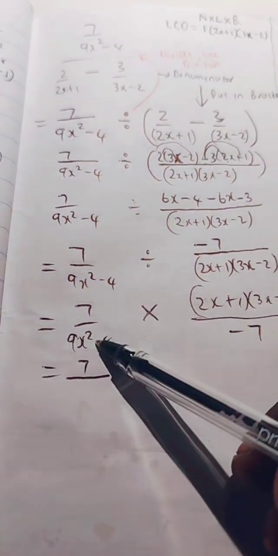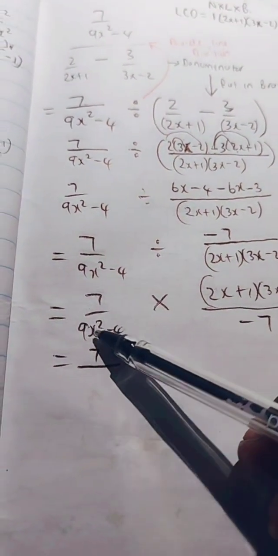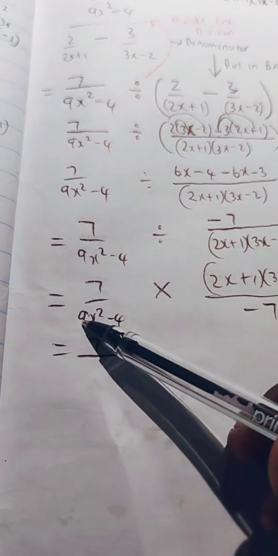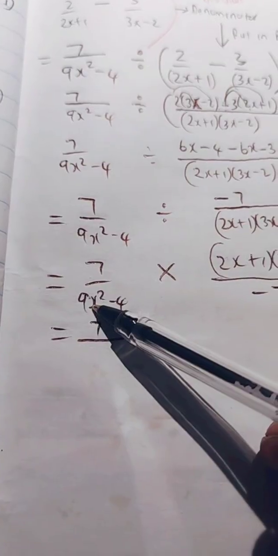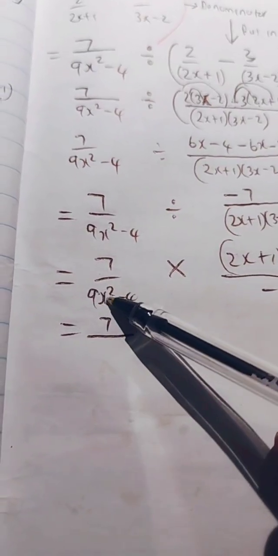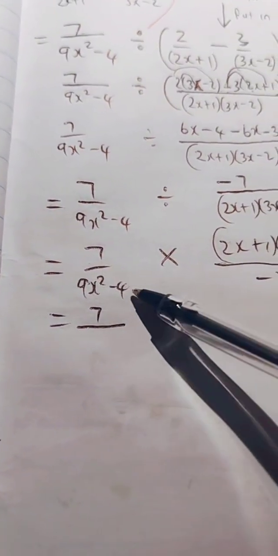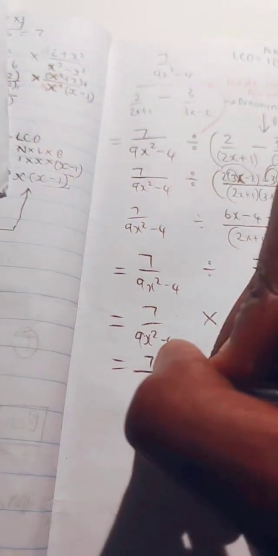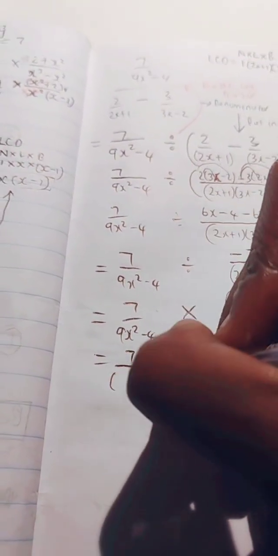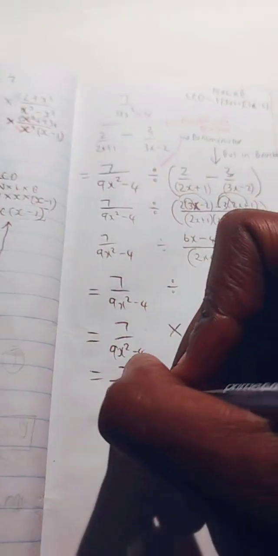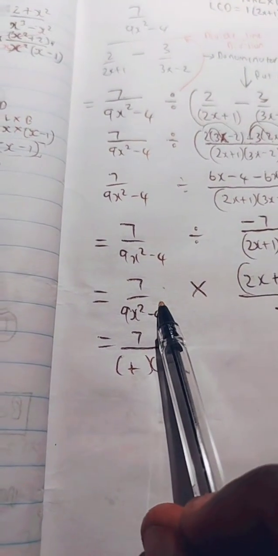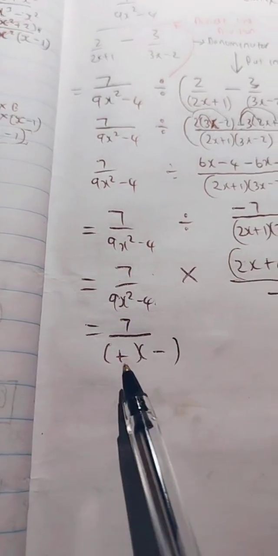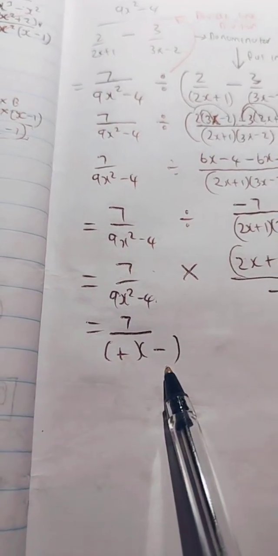Yes, Emmanuel. It's the difference of two perfect squares. 9 is a perfect square. X squared is a perfect square because it is a variable raised to an even number. 4 is a perfect square number. So what we are going to do is open two brackets, put plus and minus immediately because a negative constant suggests that we are going to have different signs.